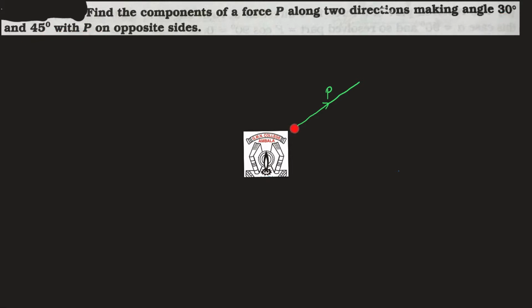What is the meaning of opposite side? One side is this one and another is in this part. So, one resolved part of this force will be in this direction, another will be in this direction.